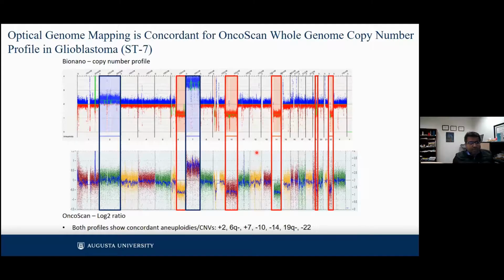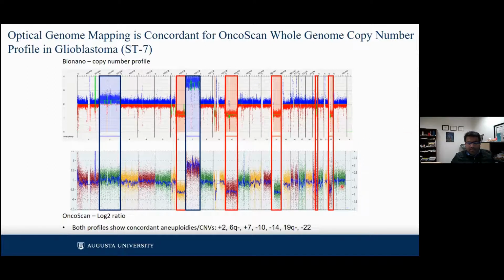This is probably the very early insight in an adult brain tumor, especially compared to Oncoscan. This is case number one. This is an adult white male with a central glioblastoma. And here you can see that the slide shows a CNV profile by OGM compared to the SNP microarray.